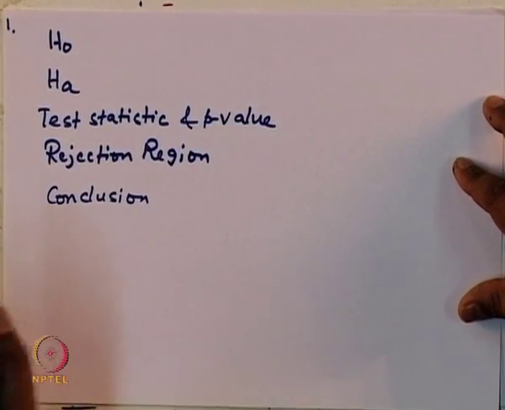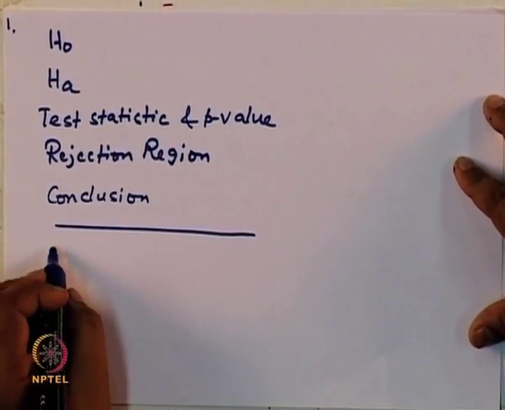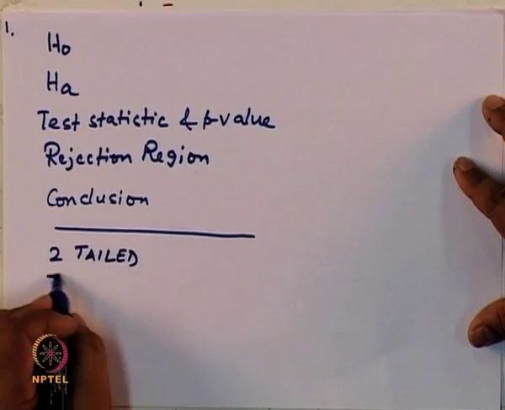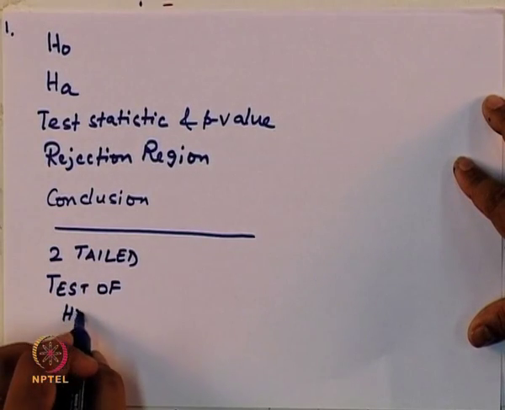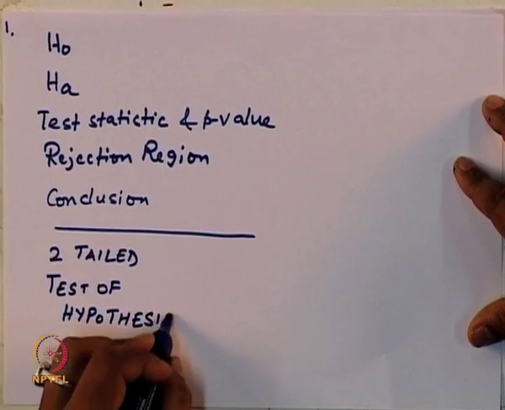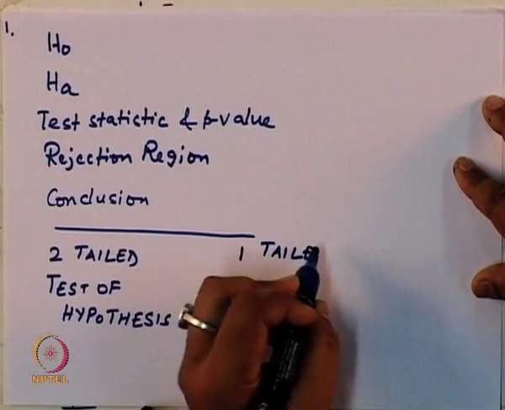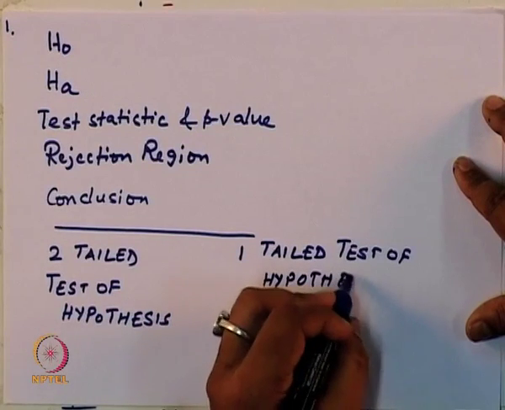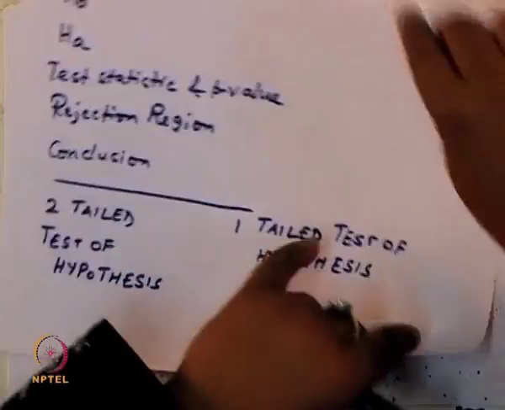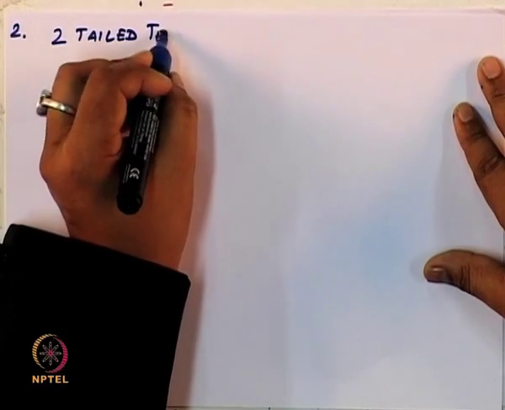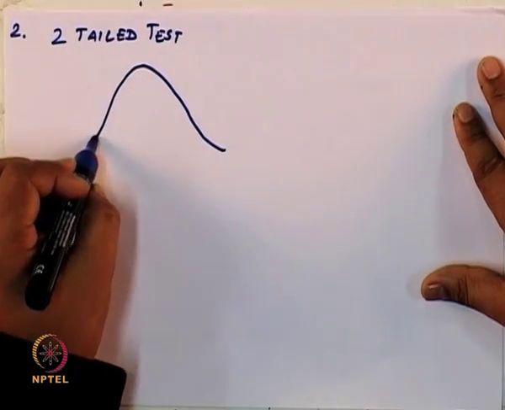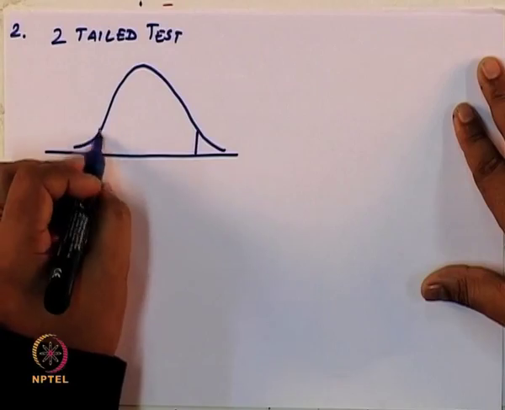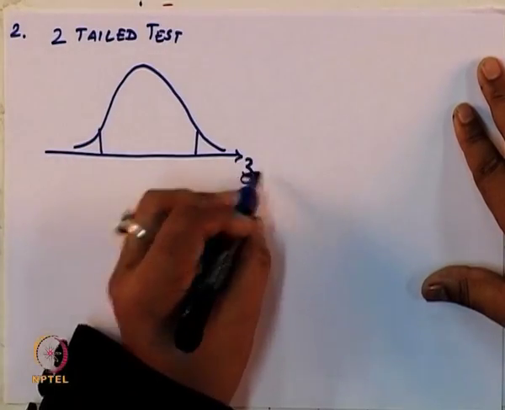And in the last class we have discussed in great detail, you can either have a two-tailed test of hypothesis or a one-tailed test of hypothesis. So, for a two-tailed test, z value.